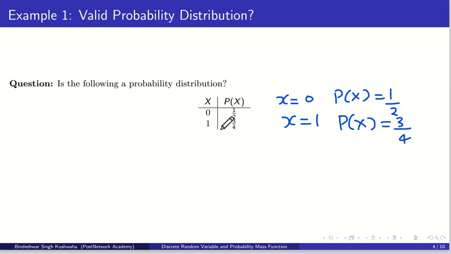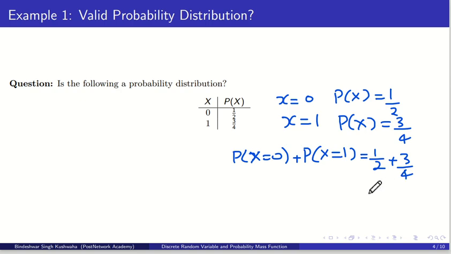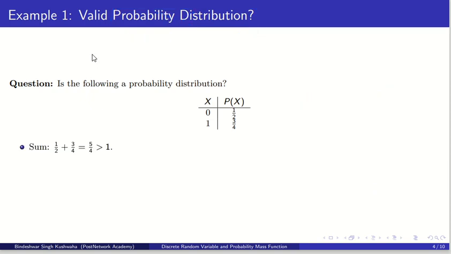Let us check: p(x=0) plus p(x=1) is 1 upon 2 plus 3 upon 4, and that is greater than 1. So that is not a valid probability distribution.